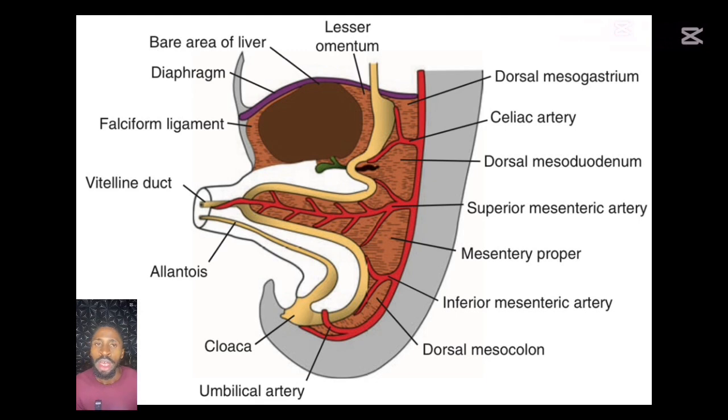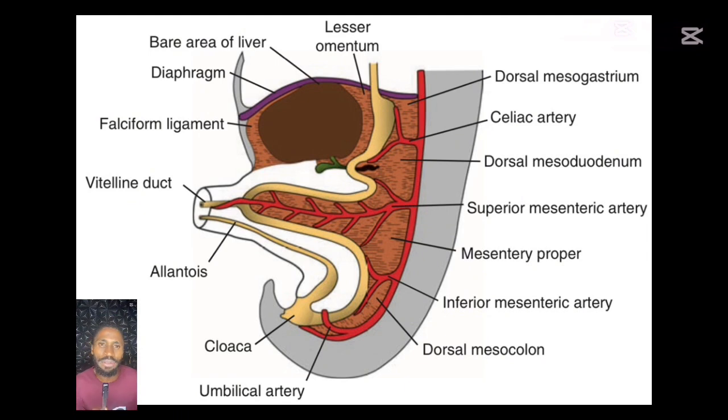The ventral mesogastrum forms the lesser omentum and also the falciform ligament. Now the lesser omentum connects the liver to the stomach, to the lesser curvature, while the falciform ligament connects the liver to the anterior abdominal wall.